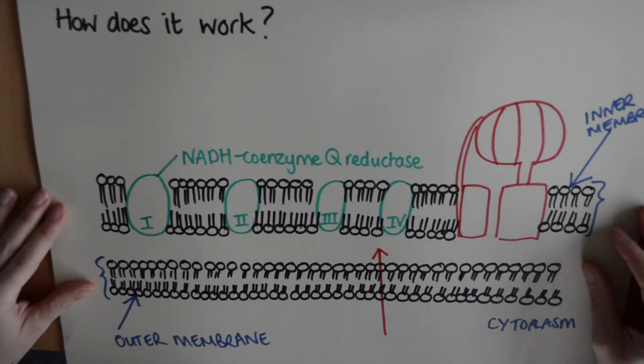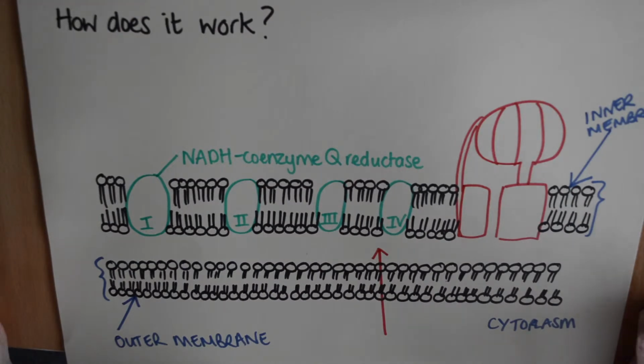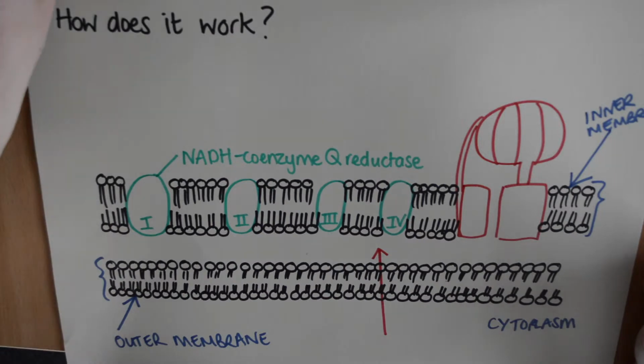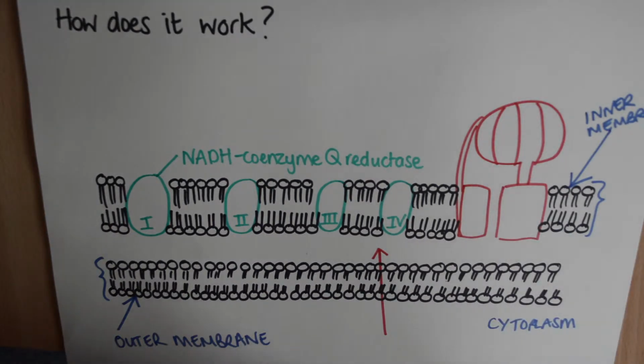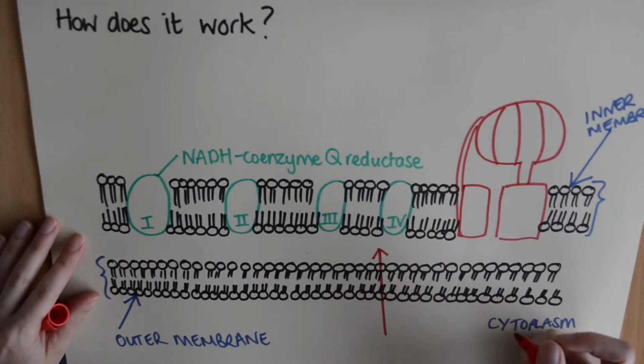So, one other really important aspect of the basic structure of the mitochondrial membranes is this area in the middle. Now, this is known as the intermembrane space.